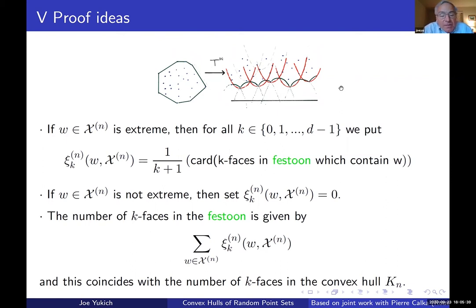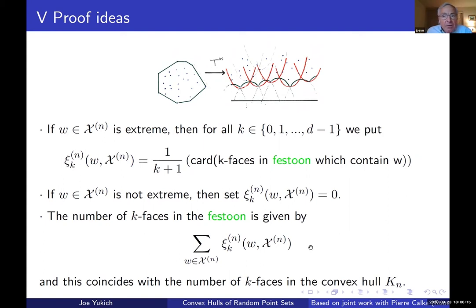So now we've expressed the number of k-faces in the convex hull in terms of the number of k-faces in this festoon of quasi-paraboloids. Notice that this is a sum of random variables, and the number of random variables is simply the number of points in the right-hand picture. For many of these points, these random variables are 0, and otherwise they're equal to this non-zero number.